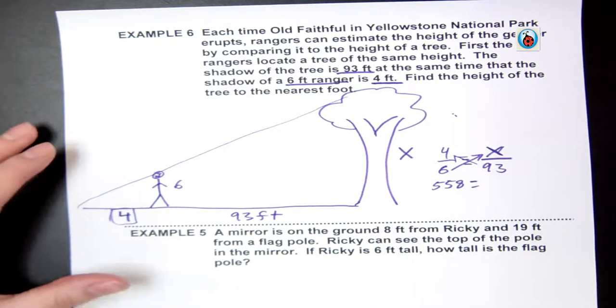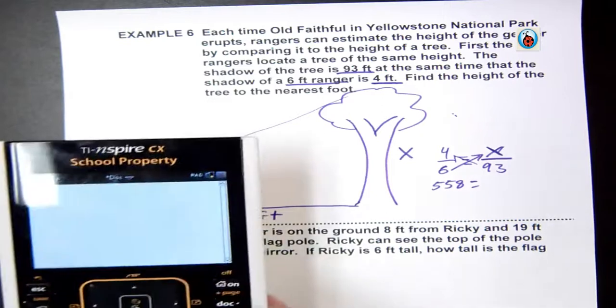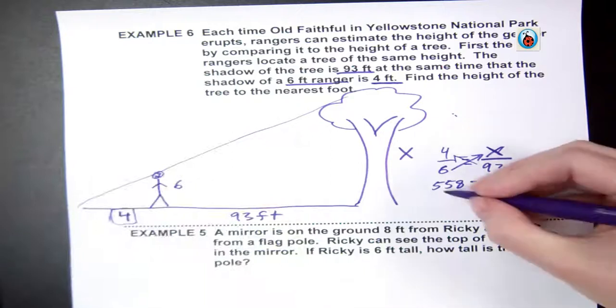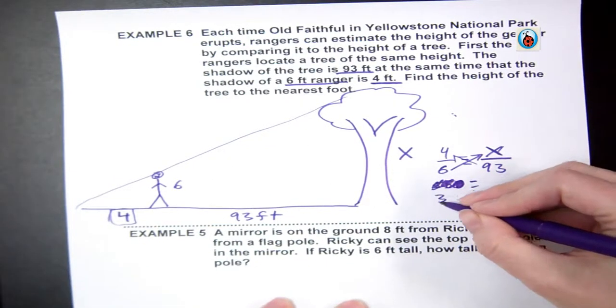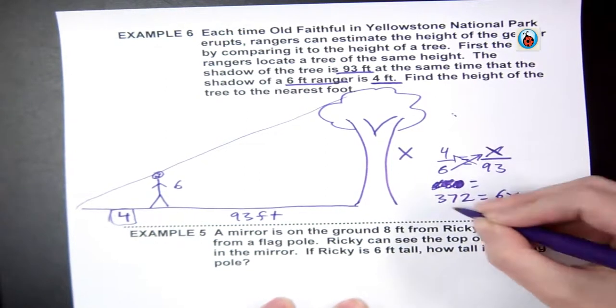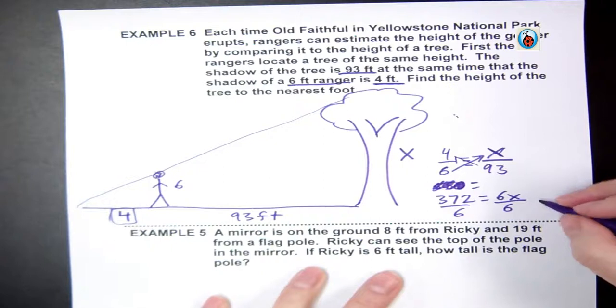I'm going to double check my math there. I'm sorry, 4 times 93 is not 558. I thought that looked strange. So that gives me 372 equals 6x. I divide by 6, which gives me 62.